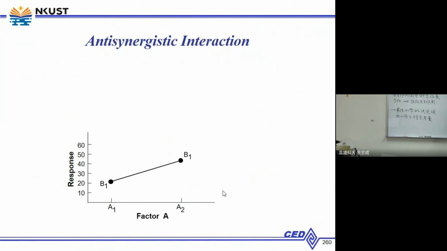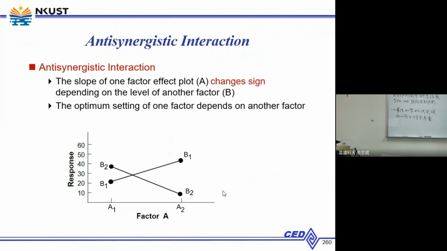But let me ask you the question, whether A should be A1 or A2. I will say that for A and B, which one is the best? You should consider these two factors simultaneously. That is why we have this interaction analysis. Since we have the average output for these four combinations, now you need to select A and B simultaneously.